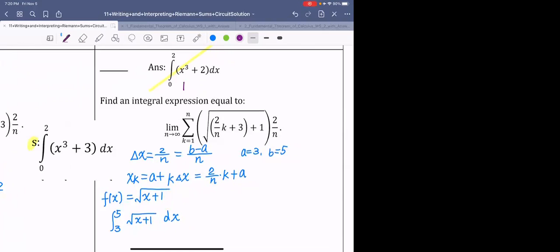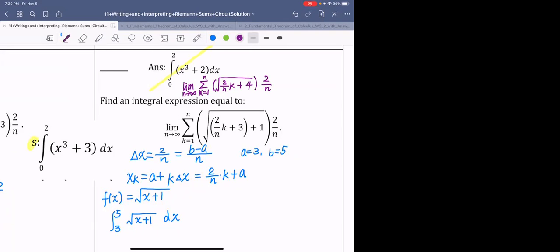So if you say limit, copy down this. If you say this guy is 2 over n k plus 3 plus 1, so that's plus 4, and then 2 over n.